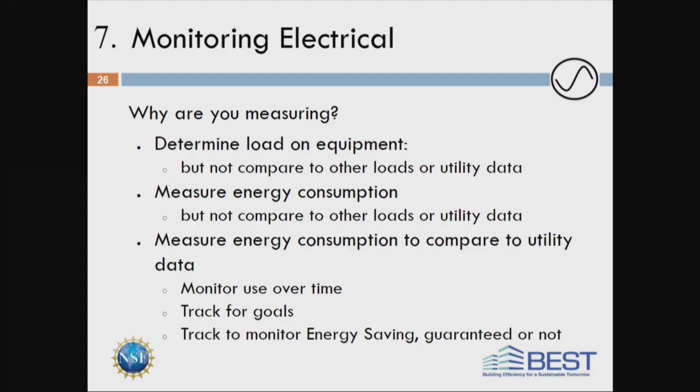That takes us into monitoring electricity. The project I told you about earlier, I learned a lot about monitoring. And when doing that, you have to kind of decide, why am I monitoring this stuff? What's the really critical nature of this? So if you look at some of the sources online about it, they'll tell you different things. But why you measure it?